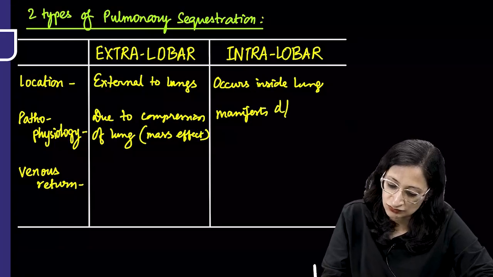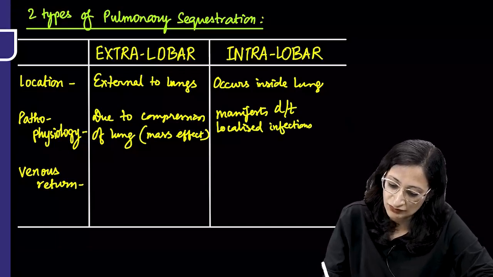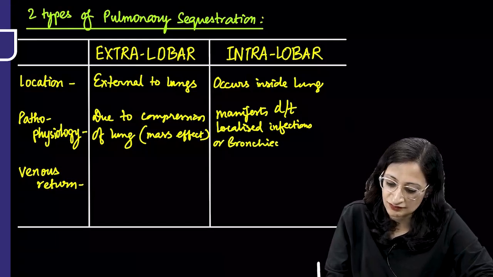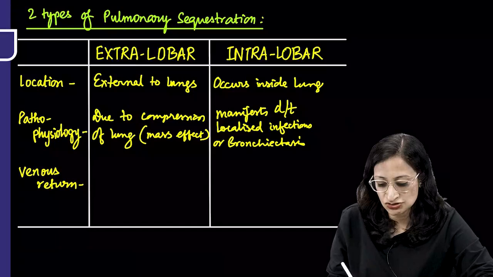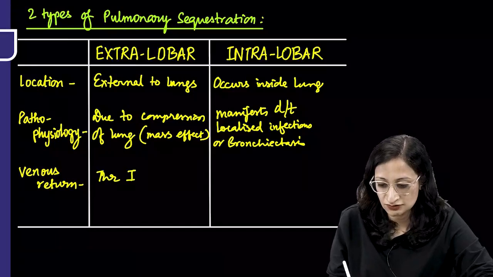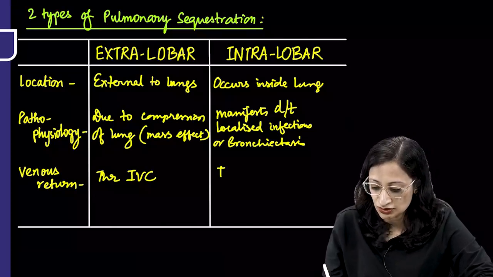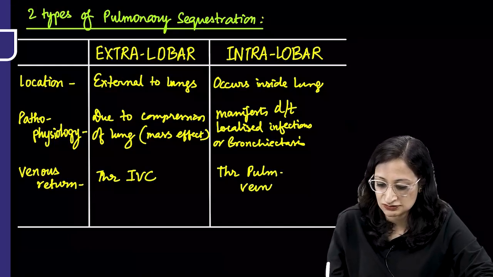The venous return of the extralobar type is through the IVC, while the venous return of the intralobar type occurs through the pulmonary veins, just like the lungs.